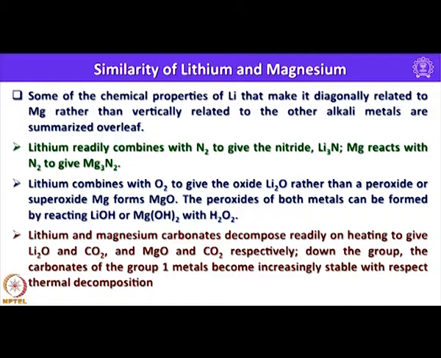Similarly, magnesium forms magnesium oxide, not superoxide. The peroxides of both metals can be formed by reacting lithium hydroxide or magnesium hydroxide with hydrogen peroxide. Okay. Lithium and magnesium carbonates decompose readily on heating to give lithium oxide and carbon dioxide. Similarly, magnesium carbonate on heating gives magnesium oxide and carbon dioxide. So, the carbonates of the group 1 metals becomes increasingly stable with respect to thermal decomposition.